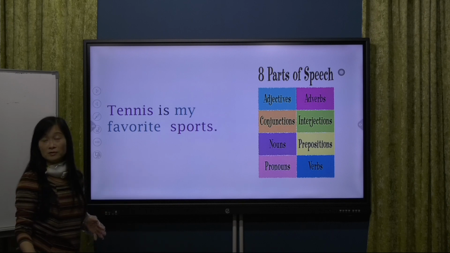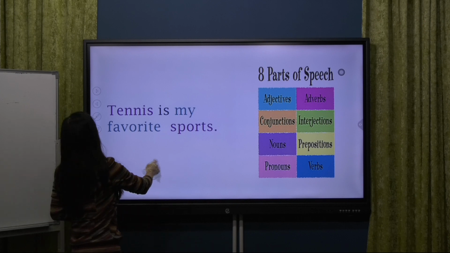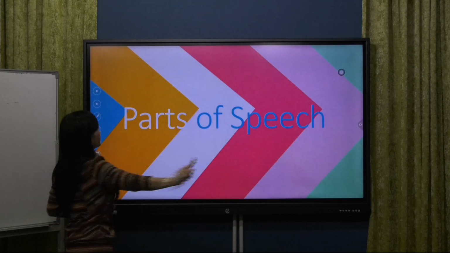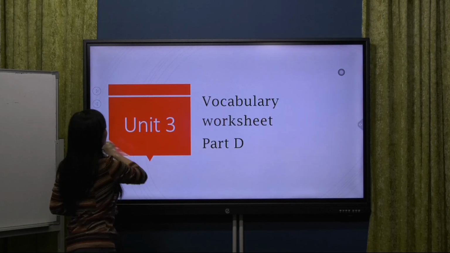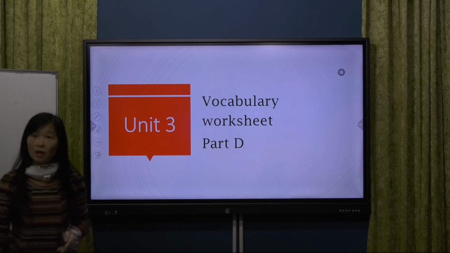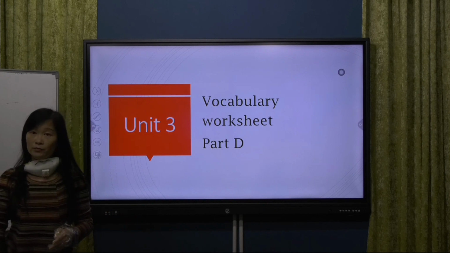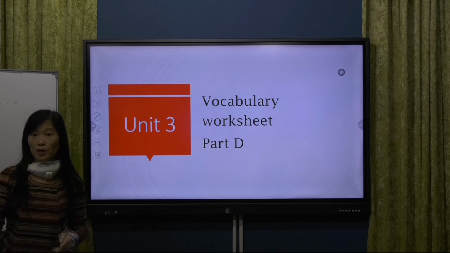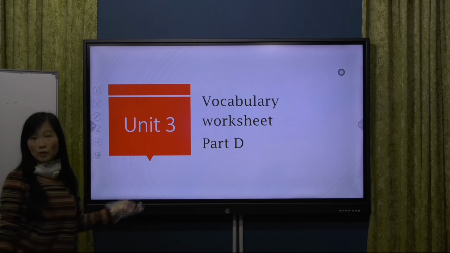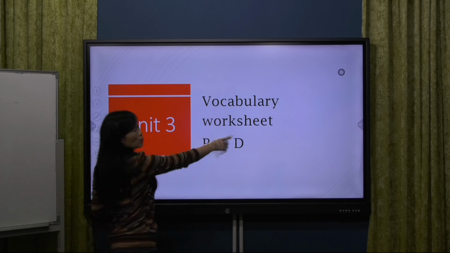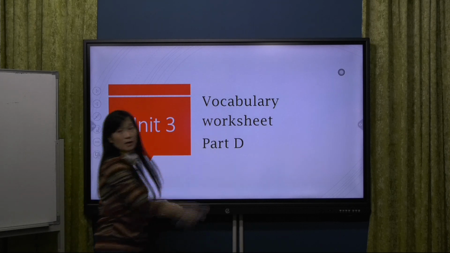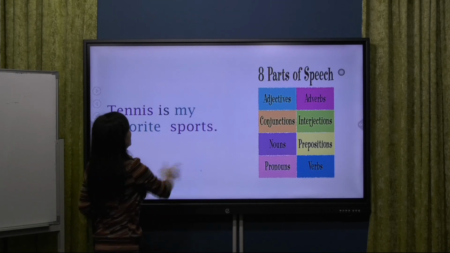So this is what we're going to talk about this week. And why are we talking about this this week? Because in Unit 3, in our vocabulary worksheet, every time we have a new vocabulary worksheet for you in a new unit, we have a part that is like this.